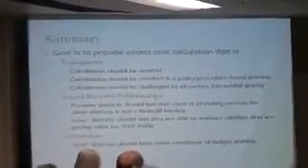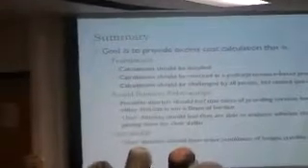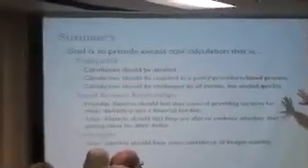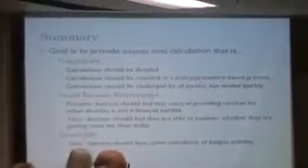So in summary, the goal of our excess cost calculation is to provide transparency. So we want detailed calculations, couched in some policy procedure or committee-based process. It should be challenged by all the parties, but settled quickly if we can.